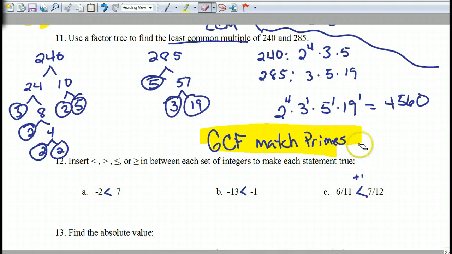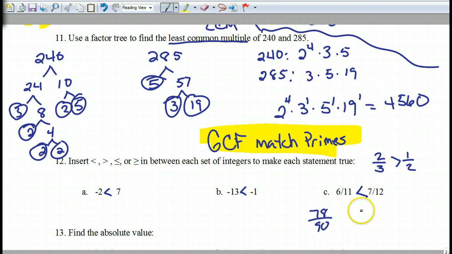That goes true for this. What if I had 2/3 and 1/2? Which one's smaller? The 1/2, notice because it's only down by 1, both the numerator and the denominator. What if I had 78/90 and 79/91?